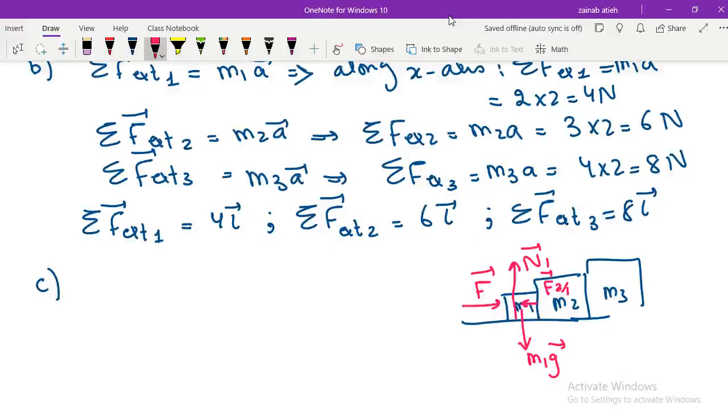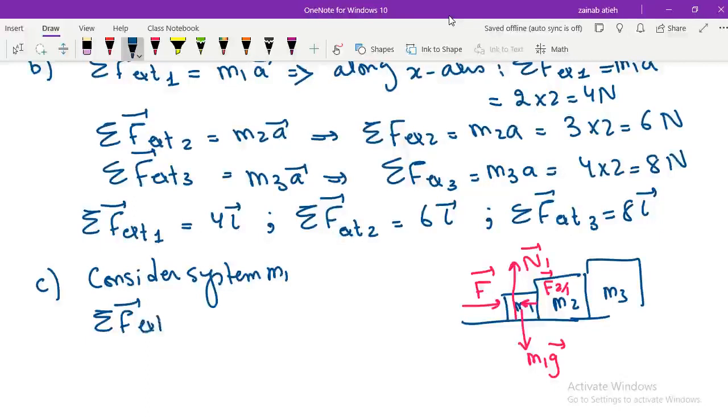We have 4 forces. Now I can apply Newton's second law for M1. Consider the system M1. Why did I take M1 alone? So that the force exerted by 2 on 1 shows up. Sum of F external is equal to M1A.